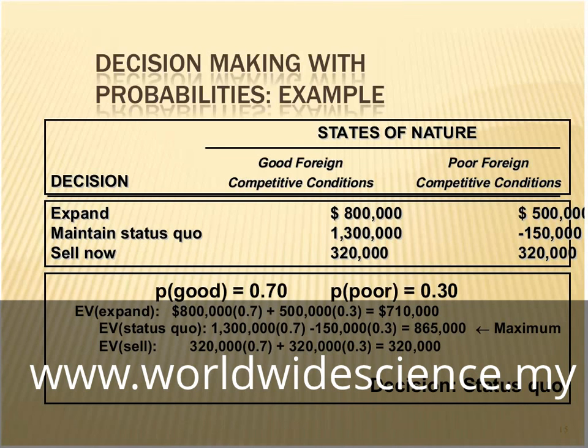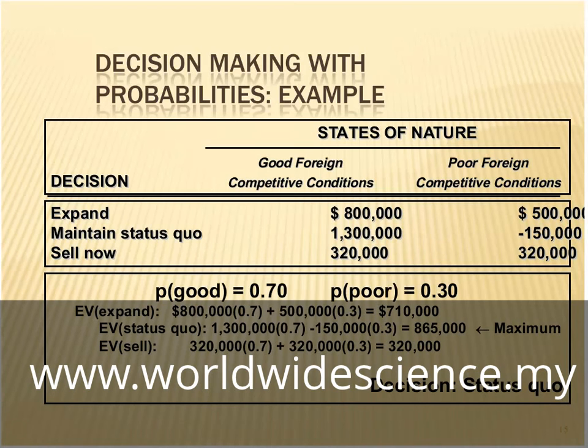Let's go back to the previous example that we just considered for making a decision under uncertainty. We use the same example for making a decision under risk. The operation manager, based on his or her experience, can assign a probability to each of the states of nature.